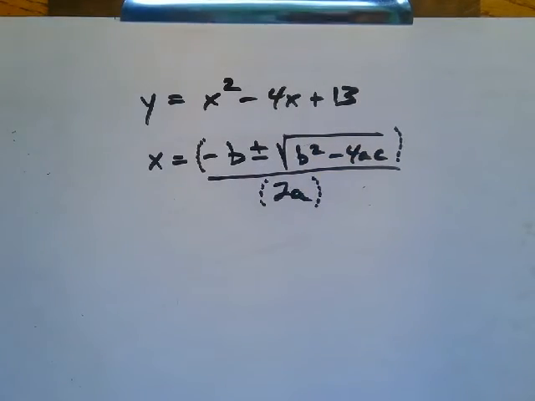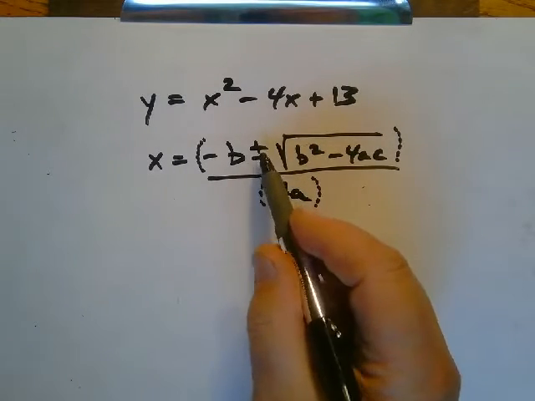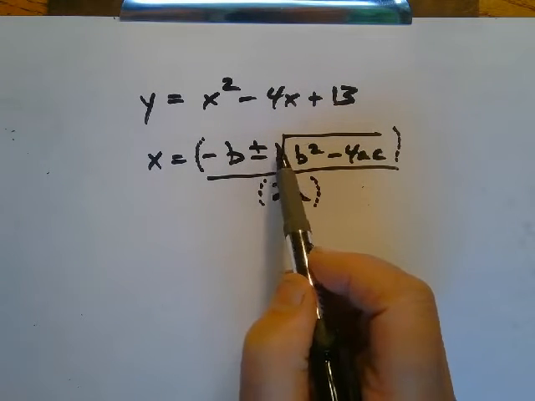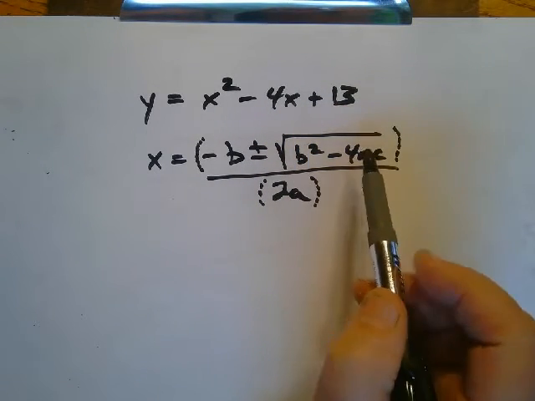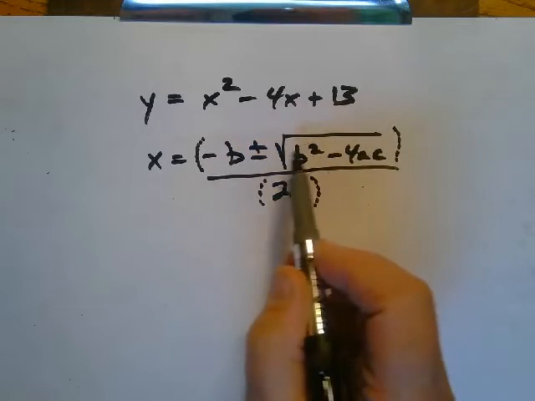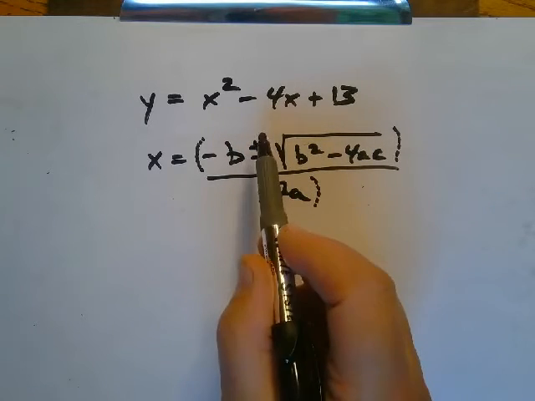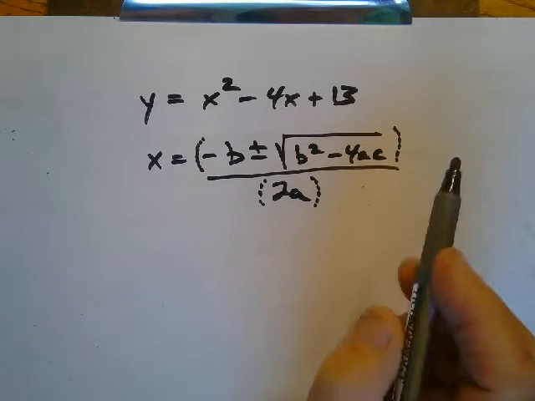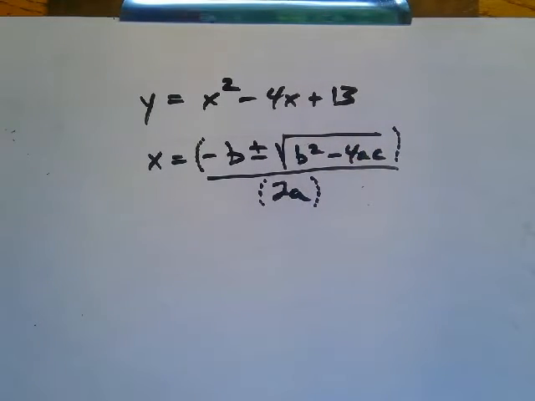Make sure when you plug things in that you're doing that. Now, there are going to be 2 answers here, and the good news is that complex roots always come in conjugate pairs. So you're only going to have to make one calculation, and notice if you get the positive one, the other one would be the negative version of it. So we're going to go ahead and plug this in your calculator and see what comes up, okay?